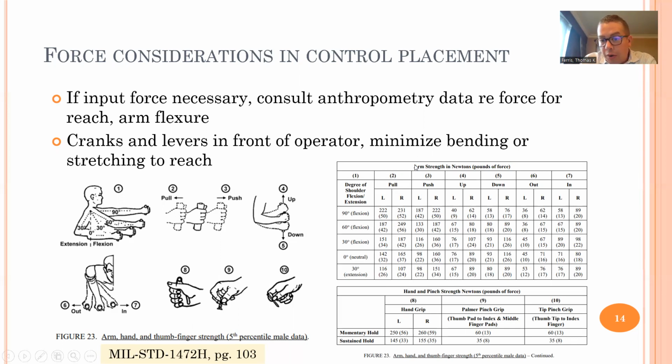Then you want to know what sort of force is required, and you may adjust the position of the control to account for the ability to present more force. For example, 0, 30, 60, 90 degree positions will give different force abilities, and we need to think about that when we place our controls.